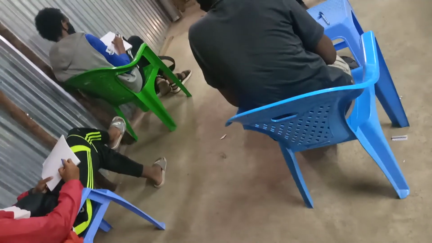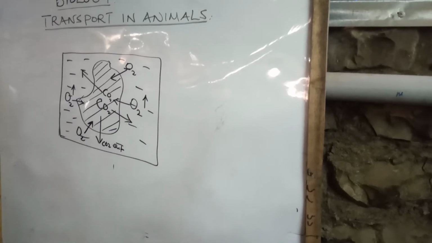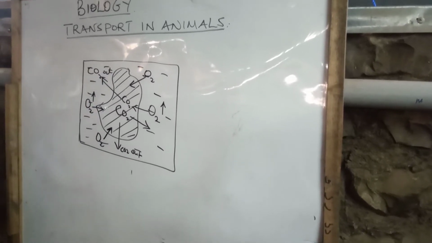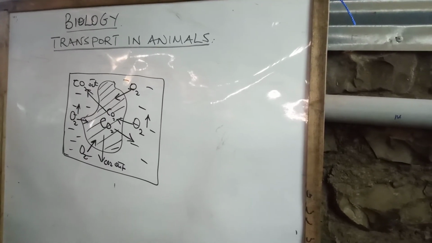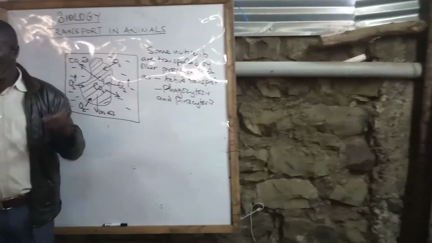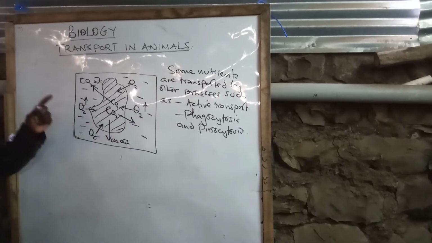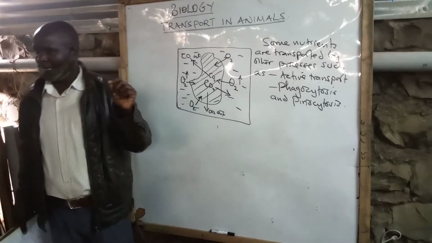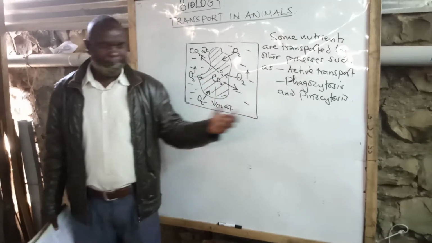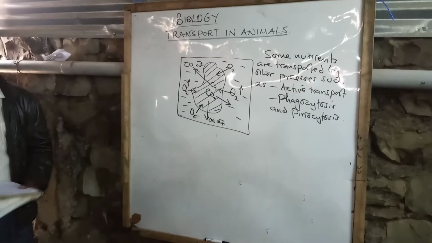So we have something like this. Let's say this is CO2 and other waste products moving out. Particles are exchanged or taken in. That's why we said cellular eating of solid food particles is phagocytosis. Under pinocytosis here, the liquid particles or substances are exchanged.